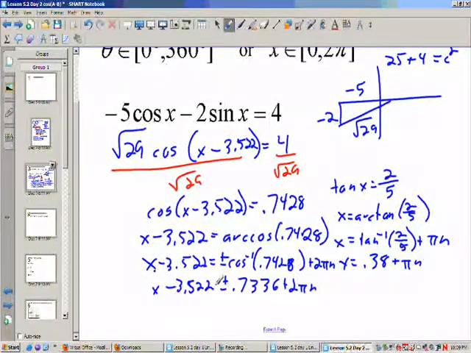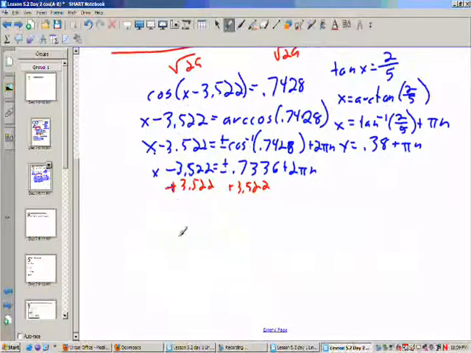And if I need an equal sign in there, if I add 3.522 to both sides, let's see where I get.